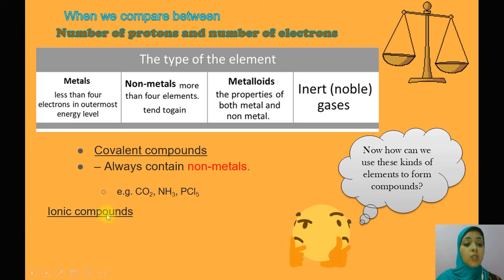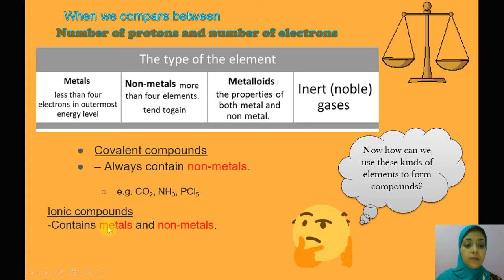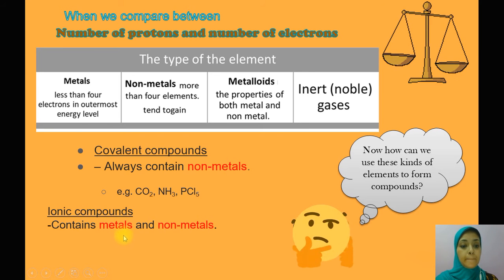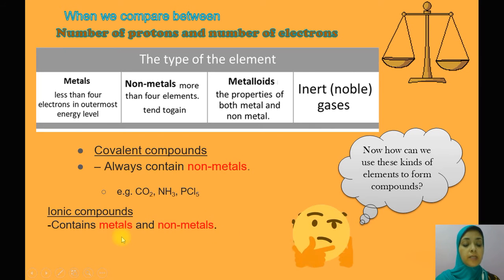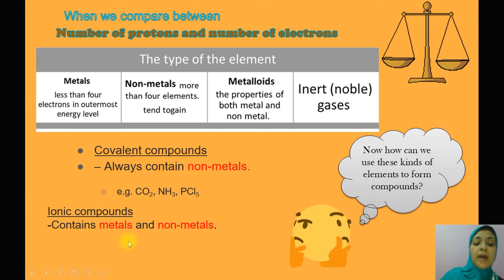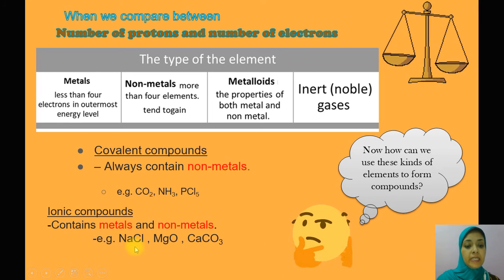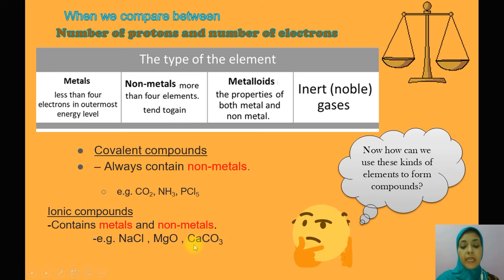Okay, we have the ionic compound. What is the ionic compound? It's the combination of metals and non-metals together, which forms an ionic compound, like NaCl, magnesium oxide and calcium carbonate.